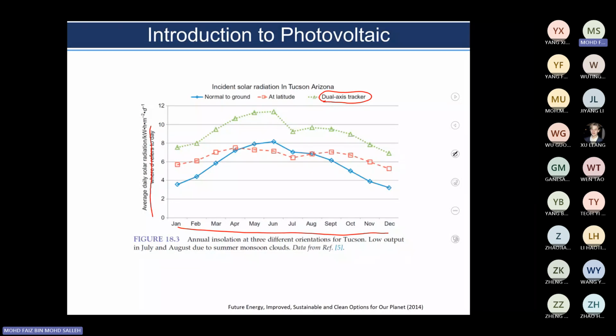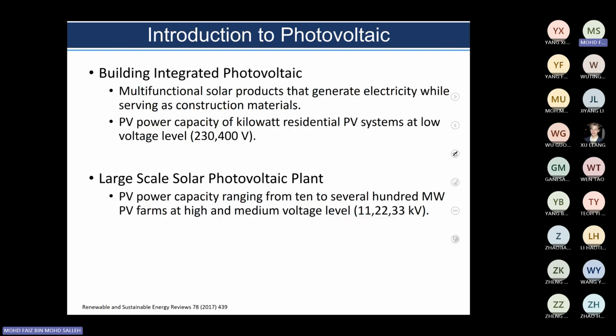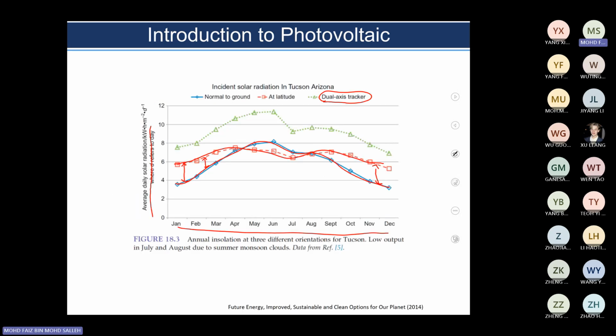If you do not do any kind of optimization, like placing it normal to the ground, only this much energy can be used. If you find the suitable latitude, you can have this much increase at a specific mark. If you use the tracker that tracks the sun, this much you can have.